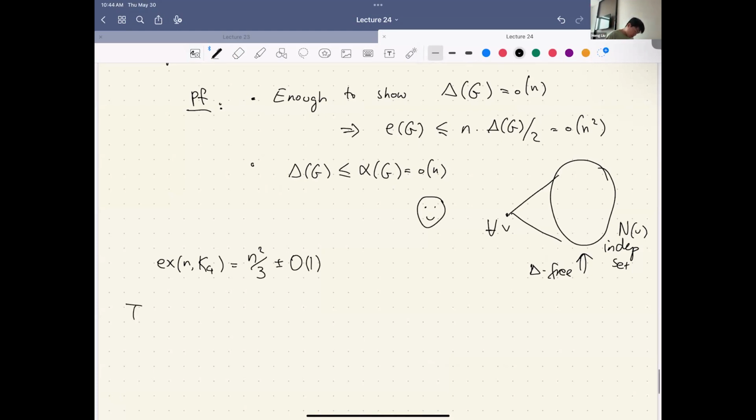So the theorem we're going to see, by Szemerédi in 1973, is that the Ramsey-Turán number for K4, with independence number little o(n), is at most n squared over 8 plus little o(n) squared.